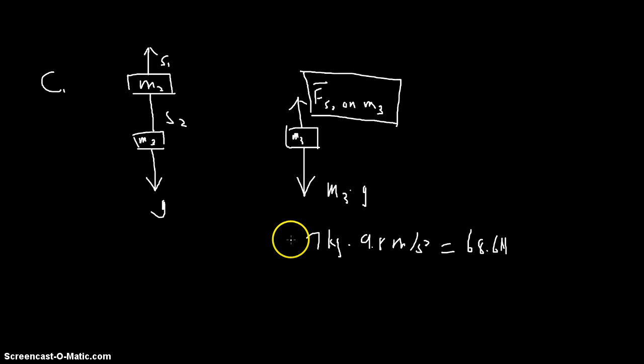The acceleration, if I remember correctly, was A equals F over M, and A equals 0.891 meters per second squared.